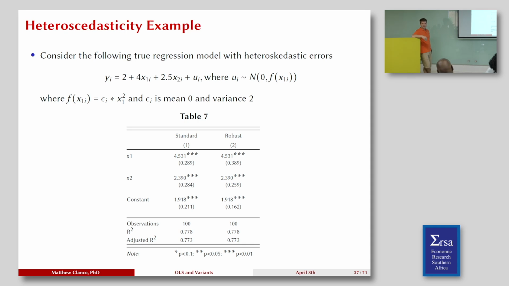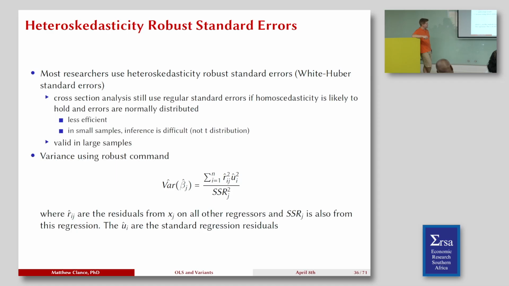When you run robust versus the standard model, you're going to see those adjustments. Some are going to be very small, some possibly very large, because it's going through and making this calculation for every single variable within your model, checking to make sure it needs that adjustment for each of the variables.